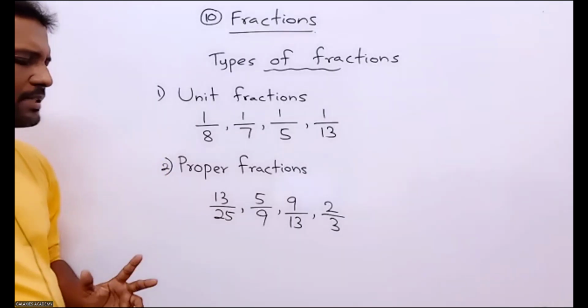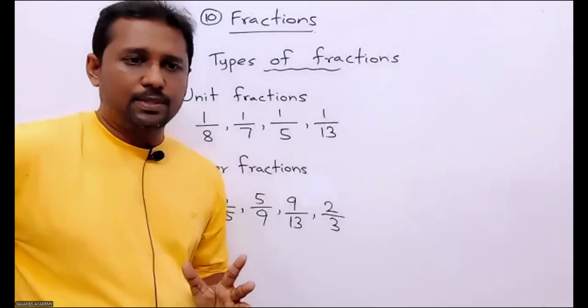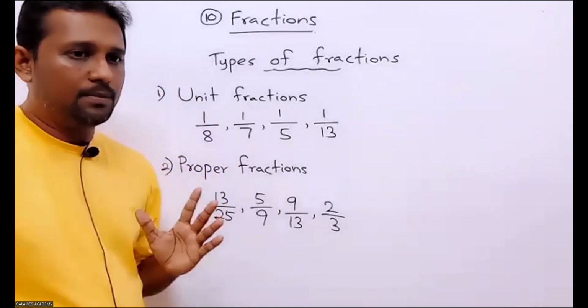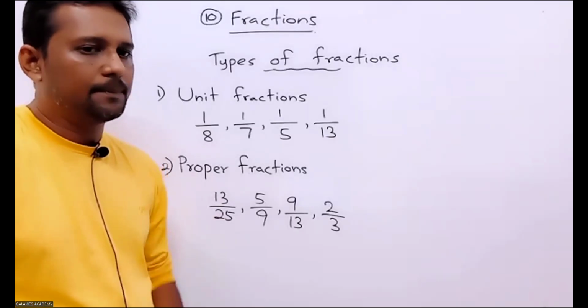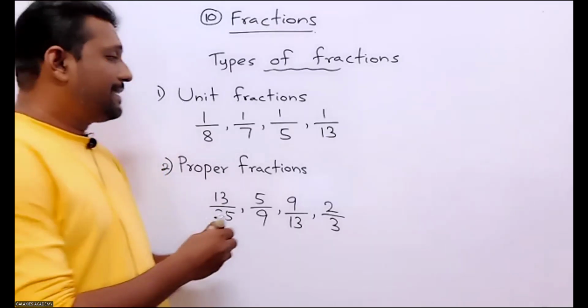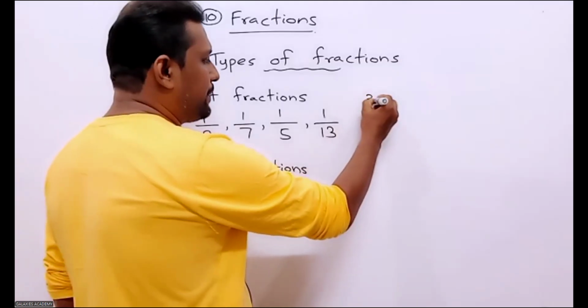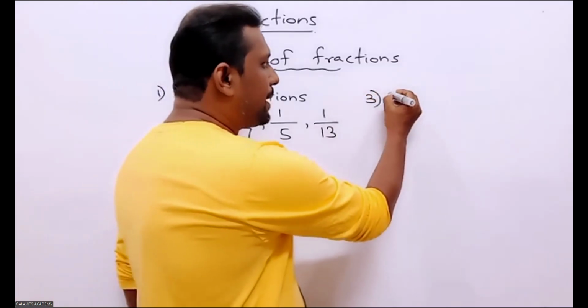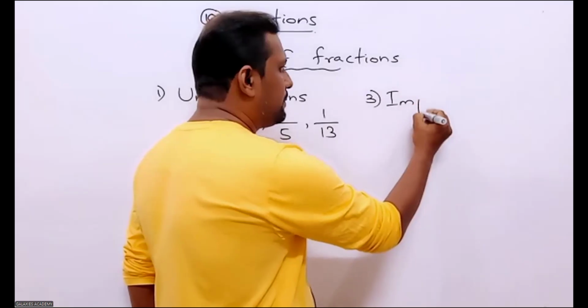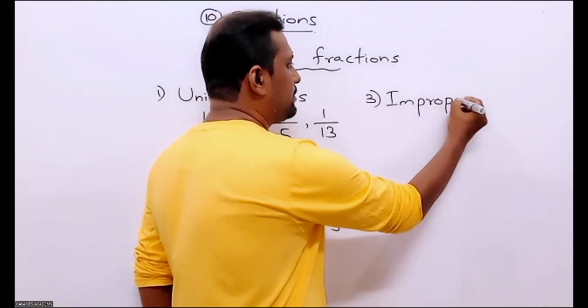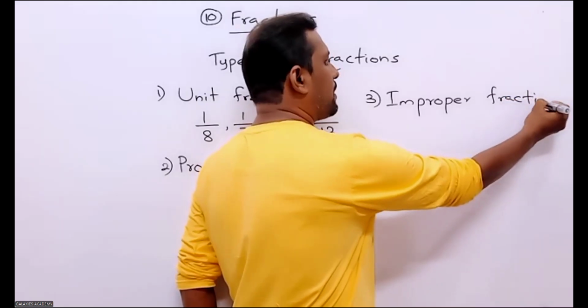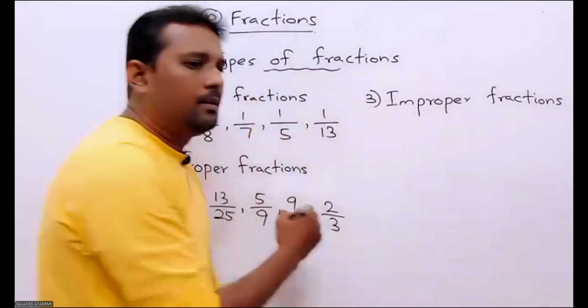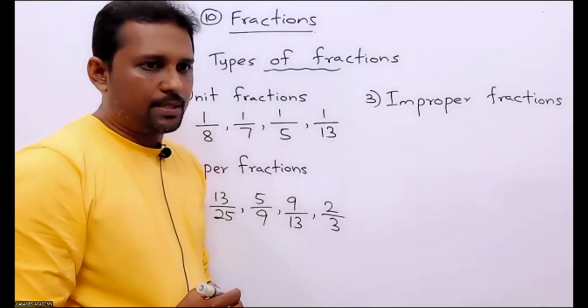Right. Now let's go on to discuss the new two types of fractions, right? Another new two types you have to study in grade 7. Right. Third type, write down: improper fractions. Improper fractions.